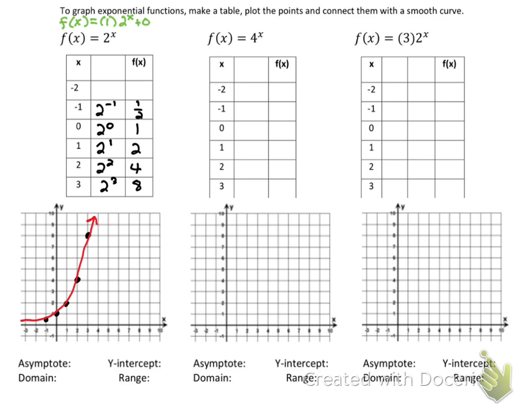Multiplying by 2, right? 1/2 times 2 is 1. 1 times 2 is 2. 2 times 2 is 4. 4 times 2 is 8. And what is b in that problem? 2. Okay? As you increase by 1, you're multiplying by 2 to get those points, okay?